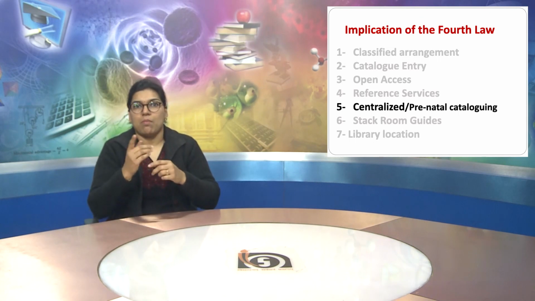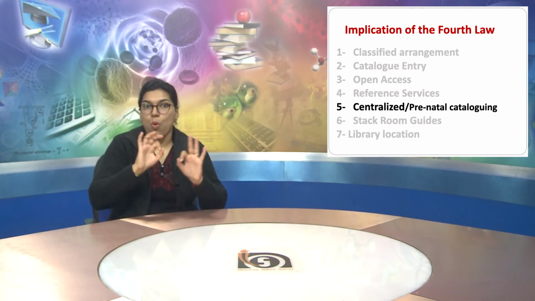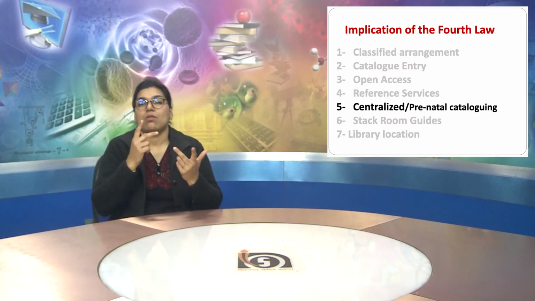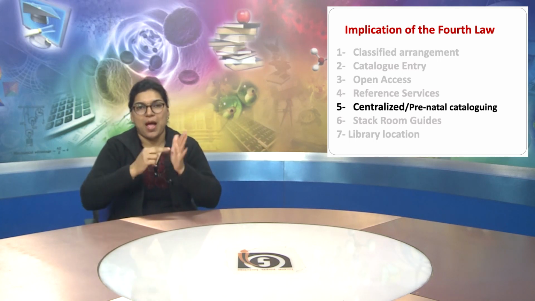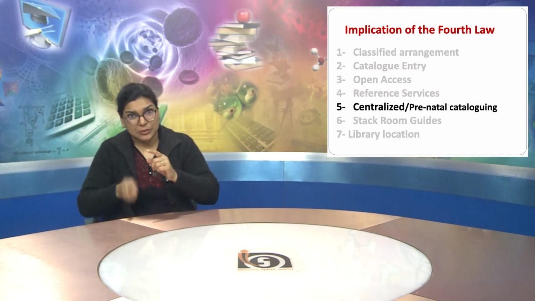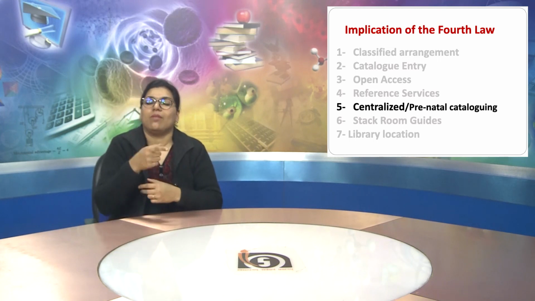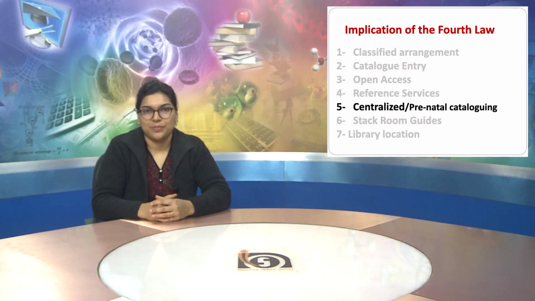This law urges the library to evolve a uniform cataloging code to make way for international cooperative cataloging. It also supports the centralized documentation work at international level to save time, money, and manpower.